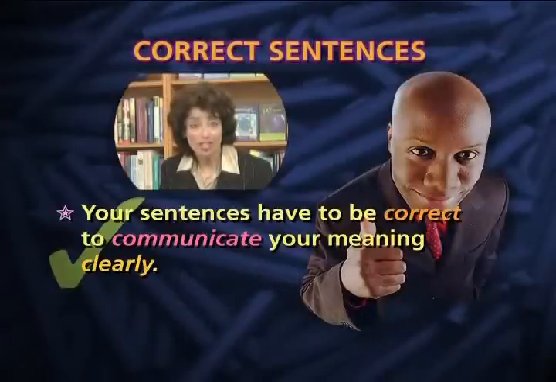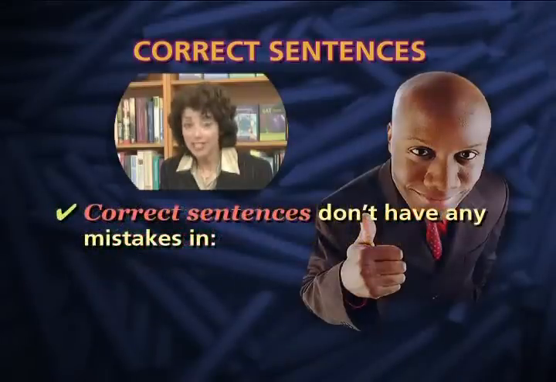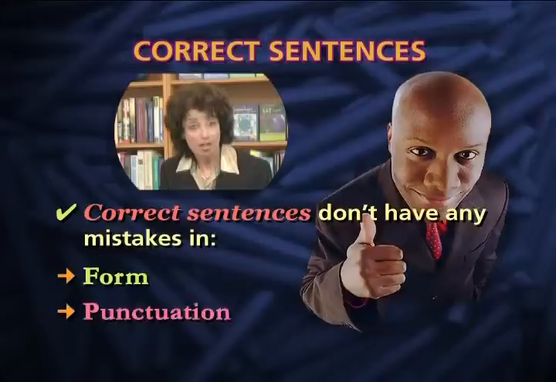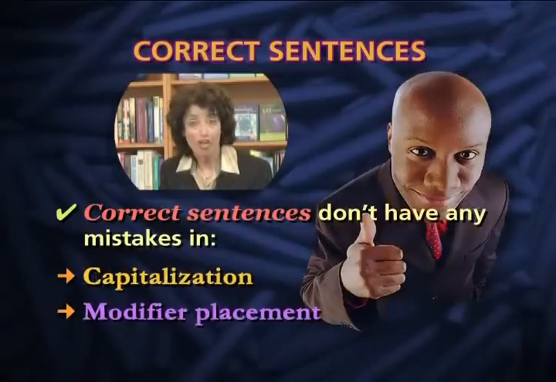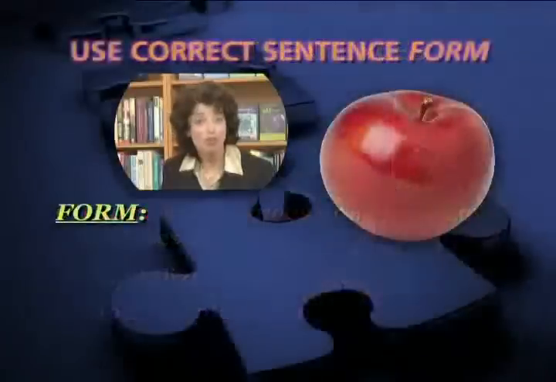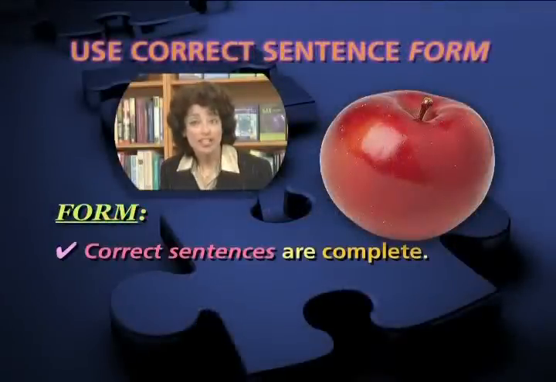You know that your sentences have to be correct to communicate your meaning clearly. Correct sentences don't have any mistakes in form, punctuation, capitalization, or modifier placement. Let's start with form. Correct sentences are complete.